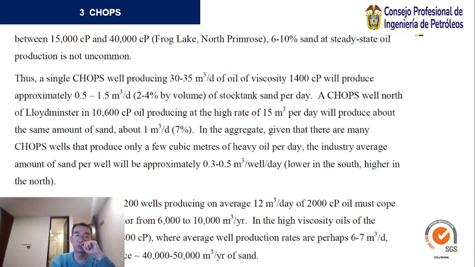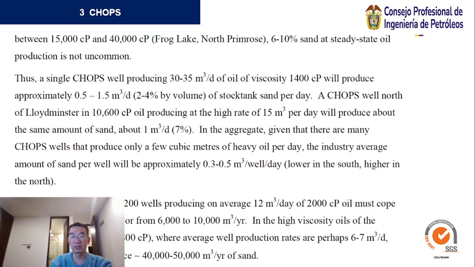The industrial average amount of sand per well will be nearly 0.3 to 0.5 per well per day. An operator of a field with 200 wells producing an average 12 meters per day of 2000 cp oil must cope with 18 to 30 per day of sand, or from 6,000 to 10,000 per year.